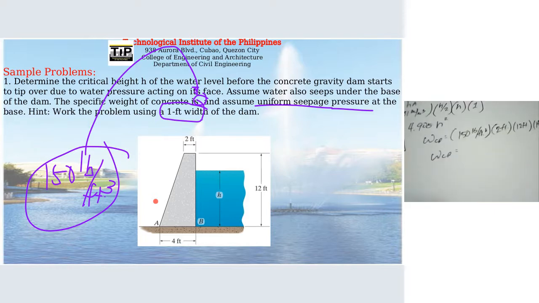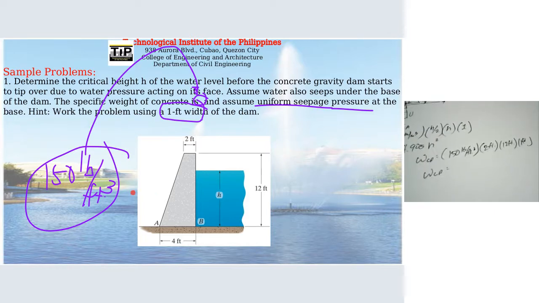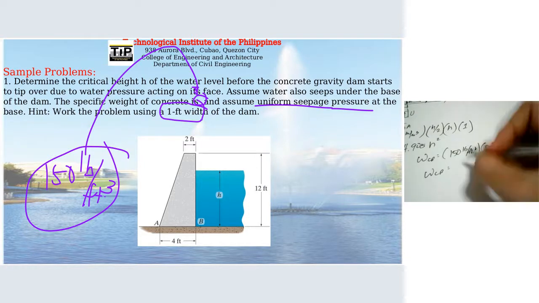So what is the weight of that rectangular concrete? Okay, thank you. 3,600.